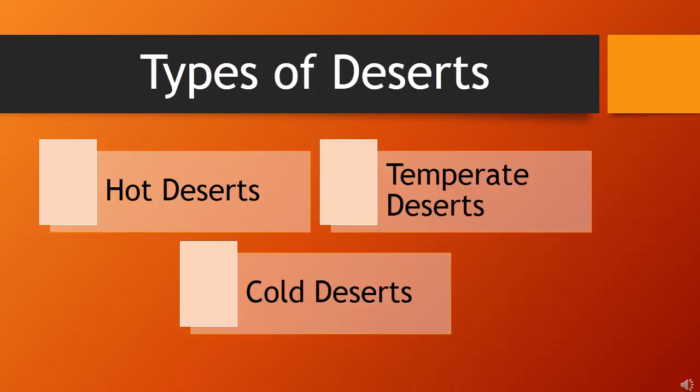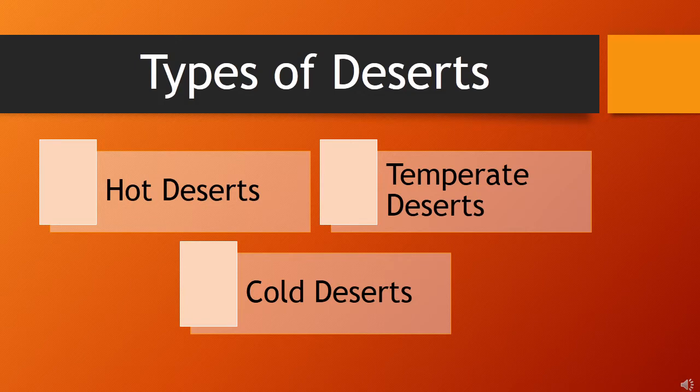We also studied the types of deserts. Basically, there are 3 types of deserts: hot deserts, temperate deserts and cold deserts. Some examples of hot deserts are the Sahara Desert, Kalahari Desert, Australian Desert, Atacama Desert of South America, Mexican Desert of Mexico, and Thar Desert of India.